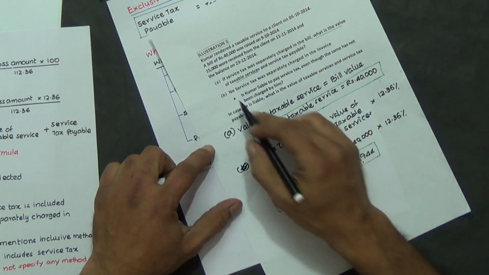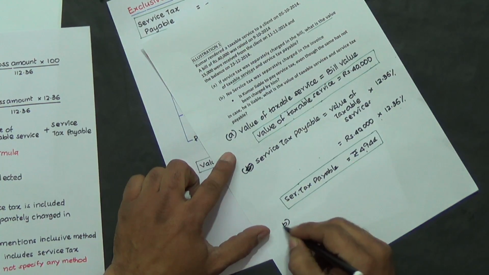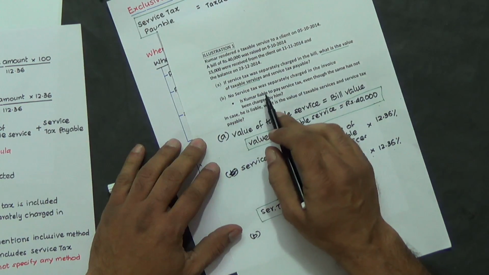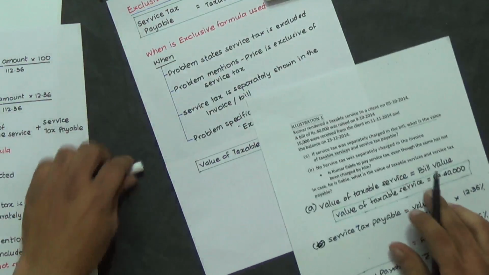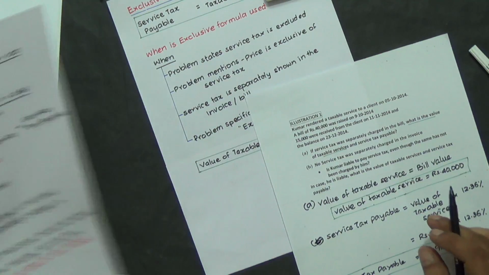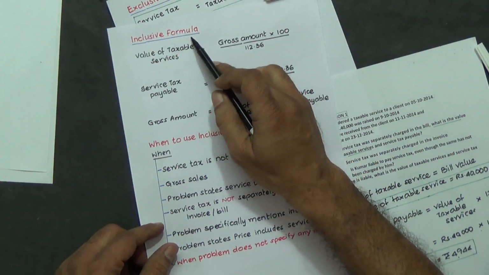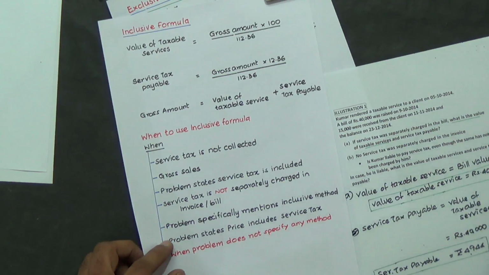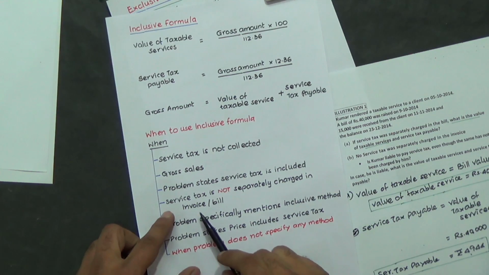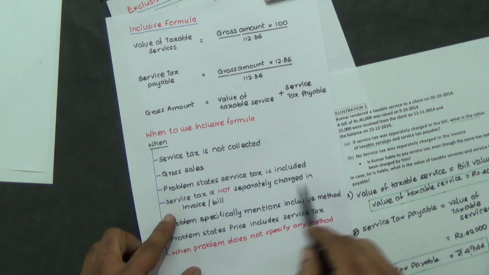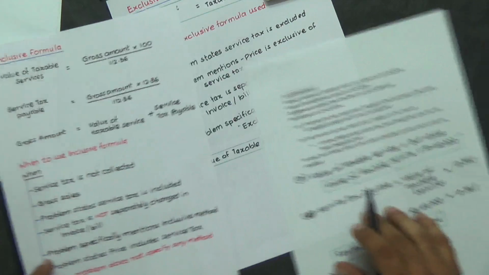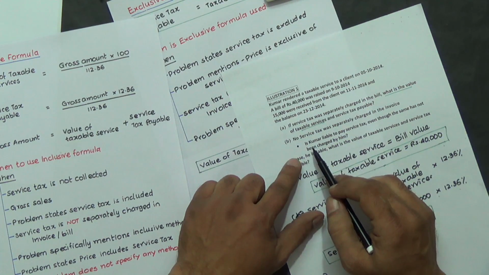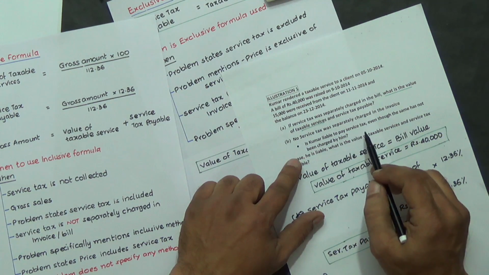Now let us move on to point number B. No service tax was separately charged in the invoice. If no service tax is separately charged in the invoice, we'll have to apply inclusive formula. So here the question says, is Kumar liable to pay service tax?